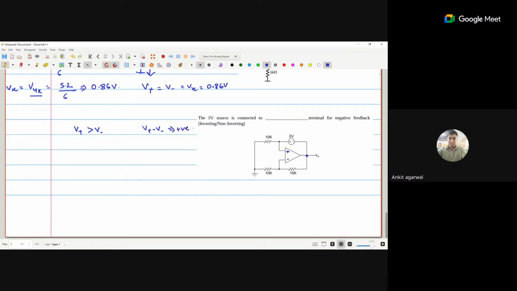Clear? So if I break the loop and increase the voltage, and the positive terminal voltage is greater than the negative terminal voltage, we get the output voltage also in the positive direction. So that behaves as positive feedback.